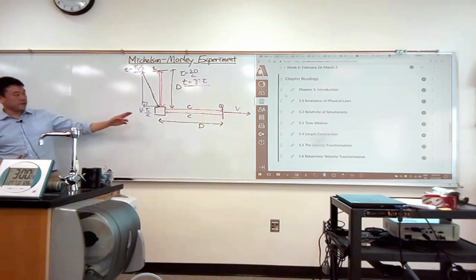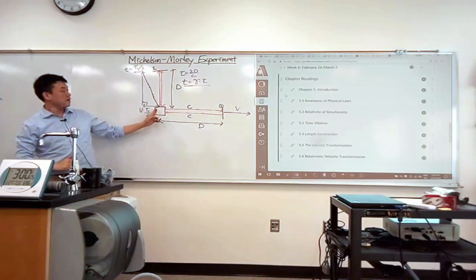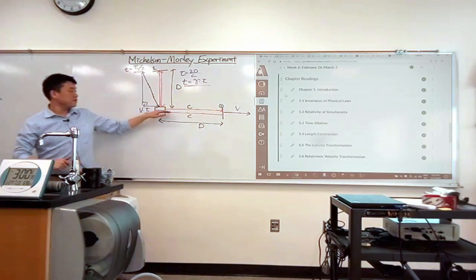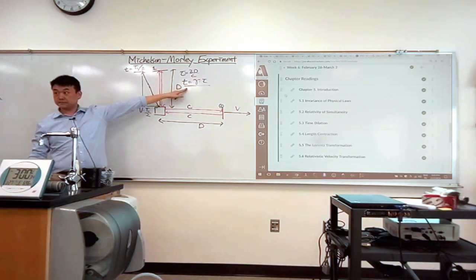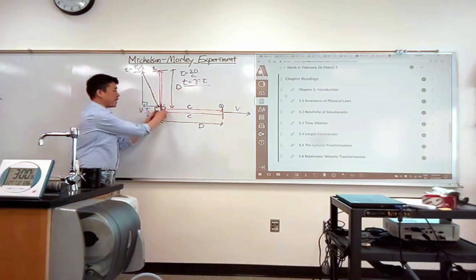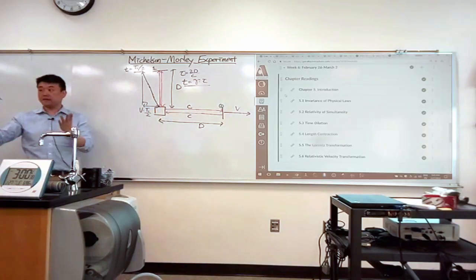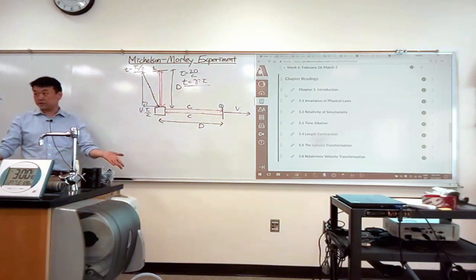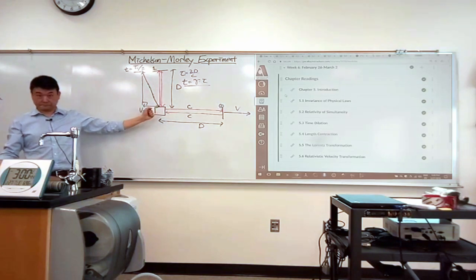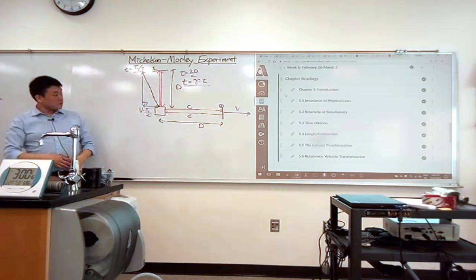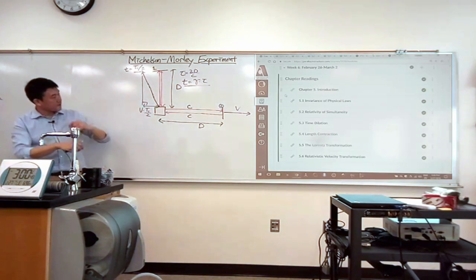Now, this is what I want to enforce. I want the round trip time along this arm to take the same amount of time as this one, so that when they come back and recombine here, there shouldn't be any interference fringe because they all come back at the same time. Okay? So let's try to figure that out.